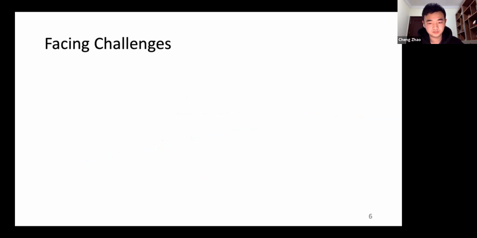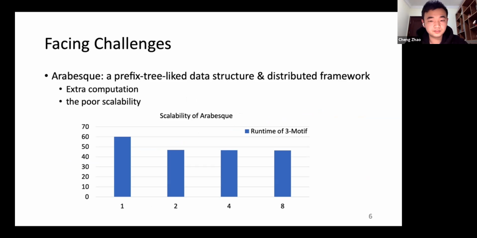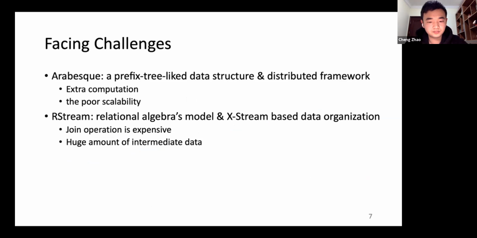Facing the challenge, Arabesque proposed a prefix tree-like data structure and built a distributed framework. But the data structure brings extra computation, and the distributed framework makes scalability poor because of the graph's scale. RStream uses a relational algebra model and tuple-based data organization.